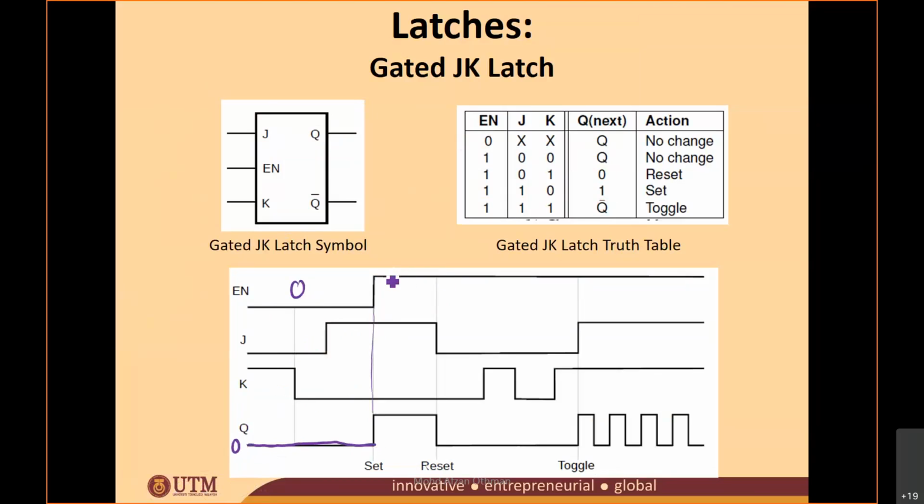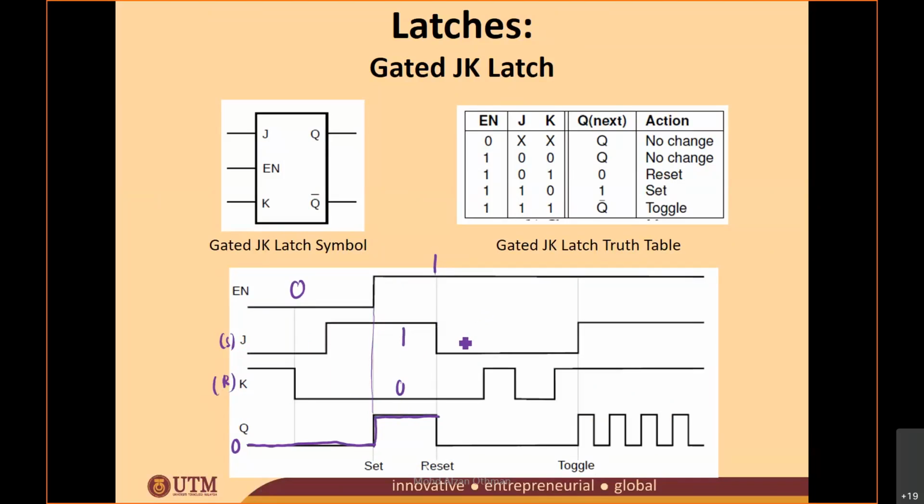And when enable is 1, daripada sini enable is 1, so you need to see what is the input of your JK. Since this is 1 kosong, what it means is you going to set lah. Yang J tadi kan kita sambung kepada S. Yang K tadi is coming from your R. So, when J is 1, you going to set.